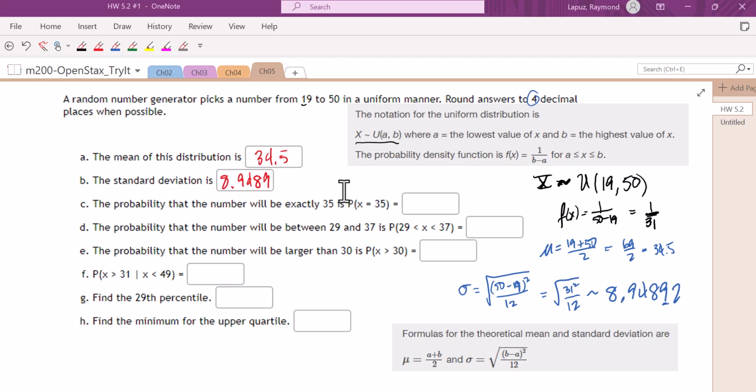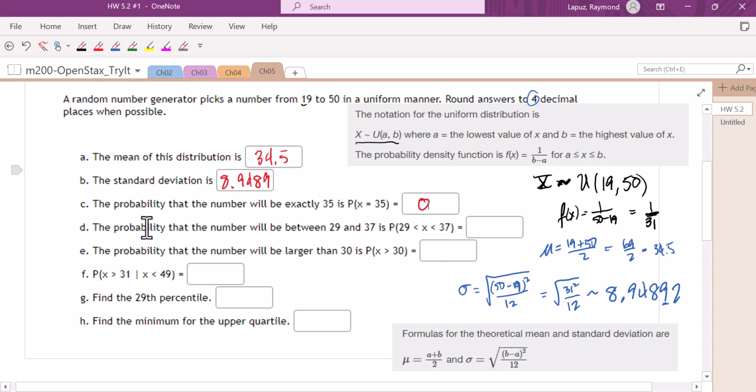Remember, for continuous distributions, probabilities refer to areas. So the probability that you get exactly one number is always going to be 0.